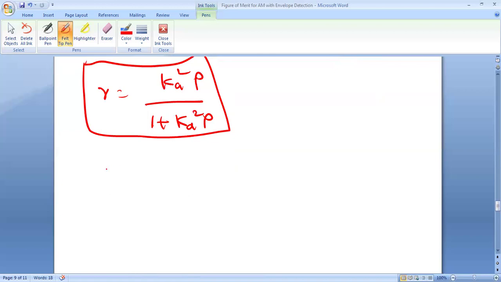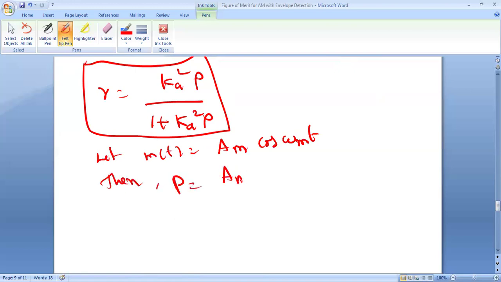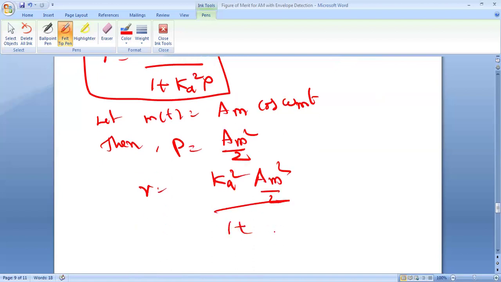Okay, before we close this discussion, let me take a case. Let m(t) be single tone, Am cos omega m t, for example. Then power P will be equal to Am square by 2. So what is gamma? Ka square into Am square by 2, by 1 plus Ka square into Am square by 2.